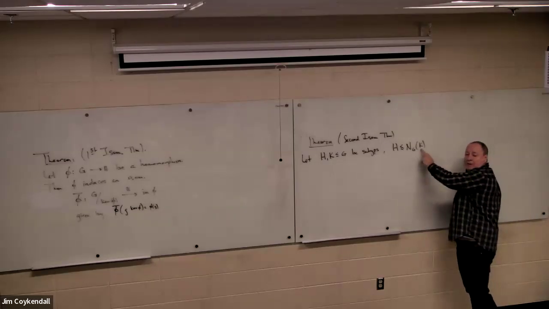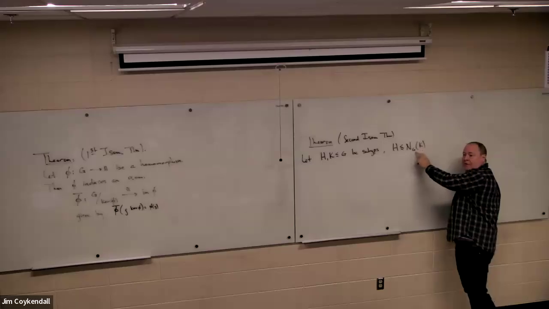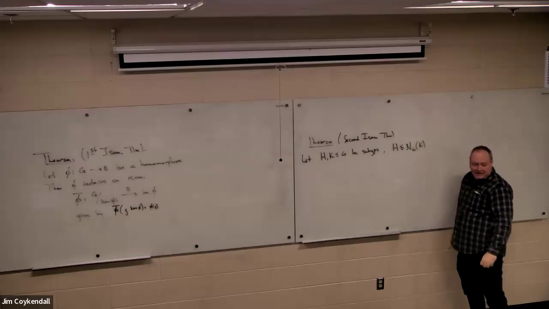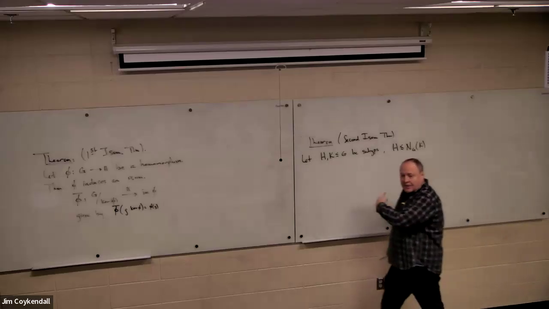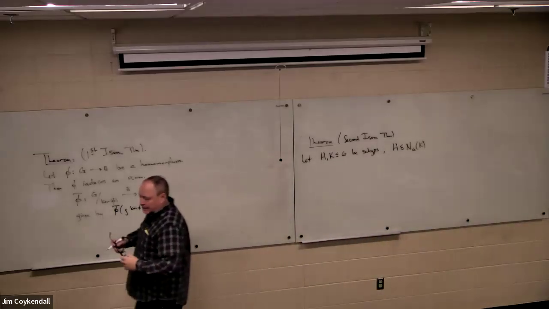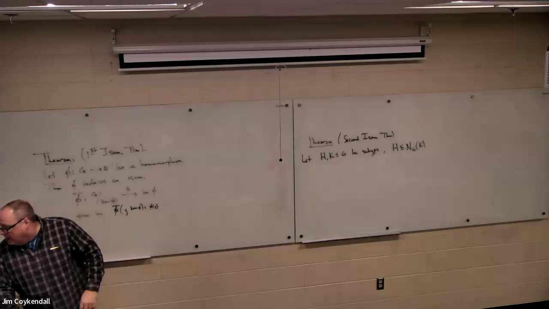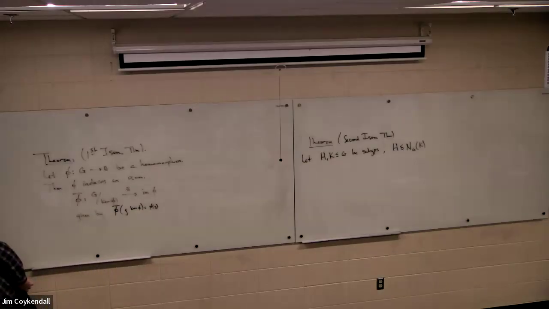If K is normal in G, then the normalizer in G of K is all of G, everything's normalized, and certainly H is contained in that. This might look familiar because we talked about this condition a little bit back when we were doing the counting stuff.